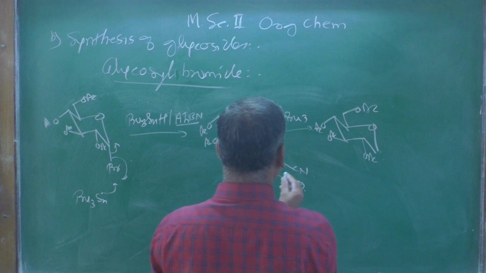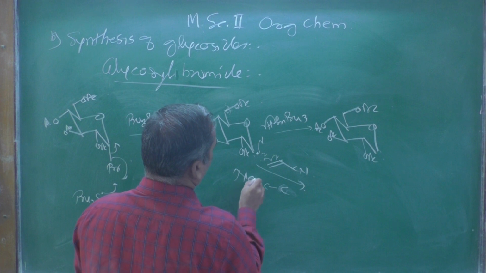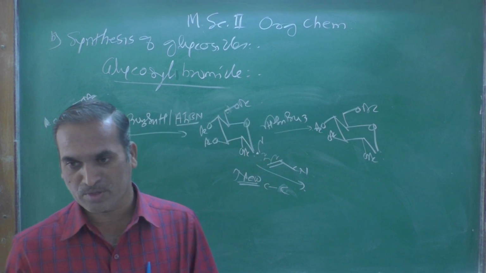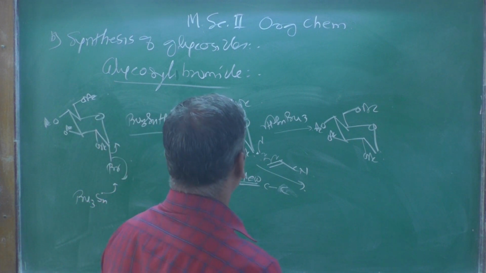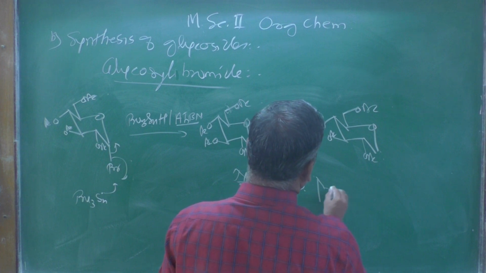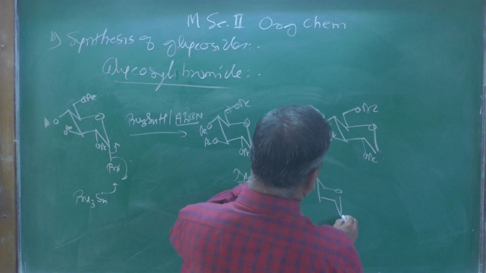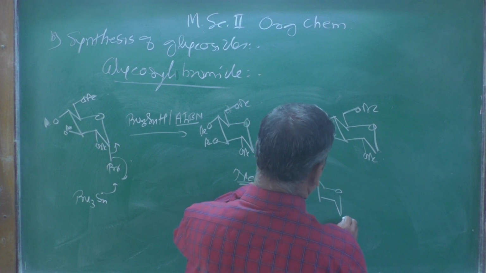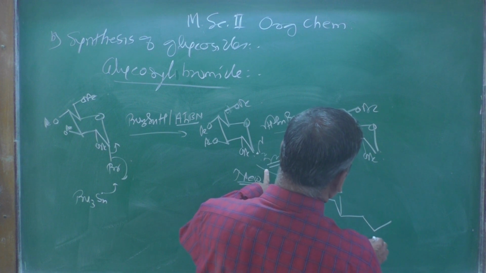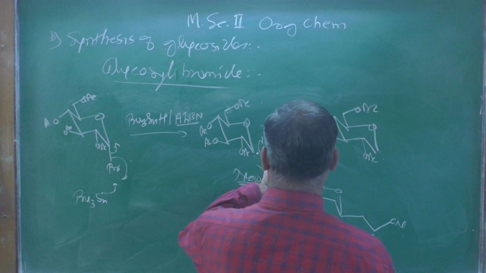Now a new carbon-carbon bond is formed here, and as the new carbon-carbon bond is formed, that is very important from a synthetic organic chemistry point of view, so you will get this type of compound joined over there. So maybe like this, then here CN, and this can abstract the proton from here.